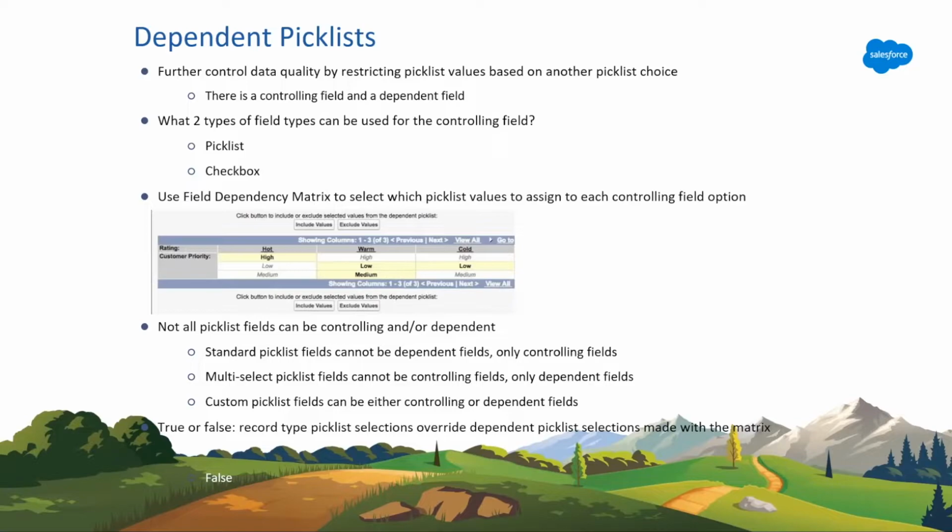So a clarifying question on that. If my record type doesn't allow me to see low and the rating is cold, does that mean I don't see any options at all? As far as I know, yes, but I don't know if anyone knows. Based on what I was reading, yes. Restate that question. You're asking me to restate that?